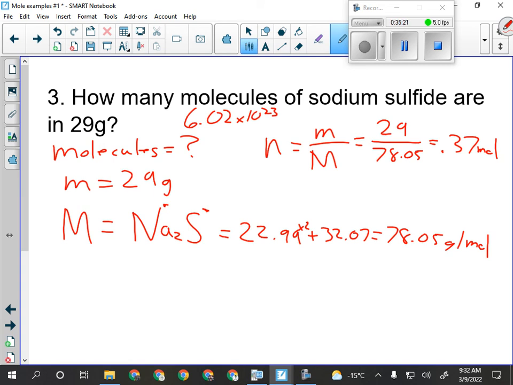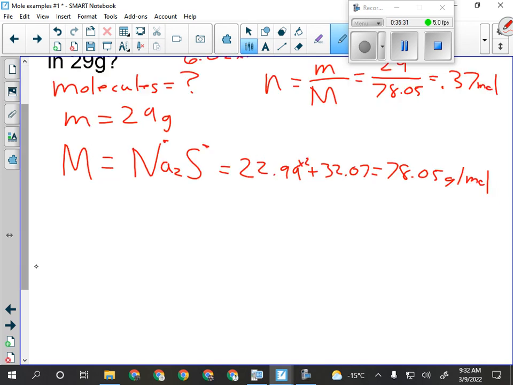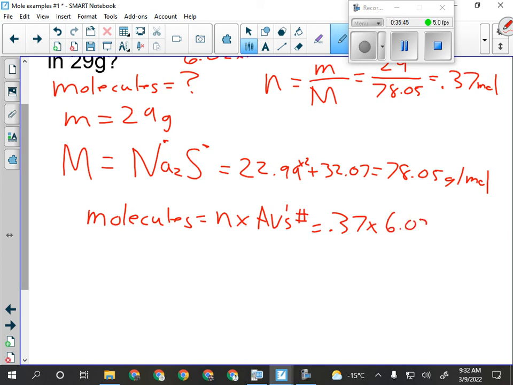And I want to calculate how many molecules I have. What do I do with that 0.37 and Avogadro's number? I multiply them, exactly. So to get the number of molecules, that's going to equal 0.37 times 6.02 times 10 to the 23.